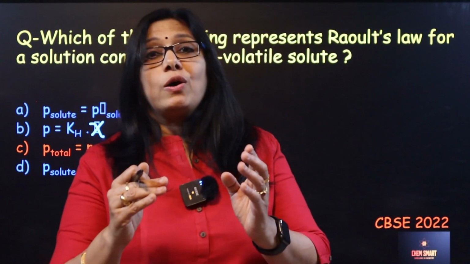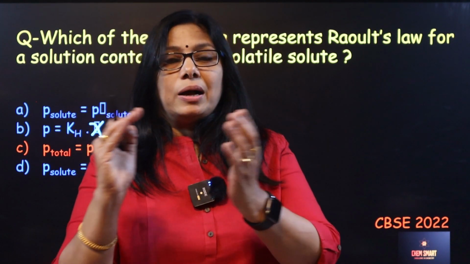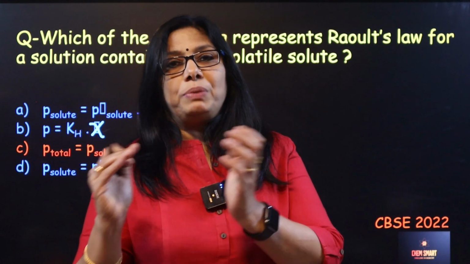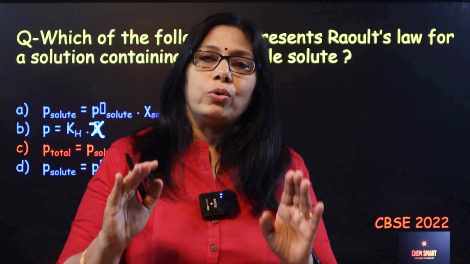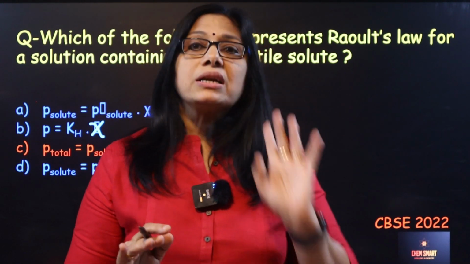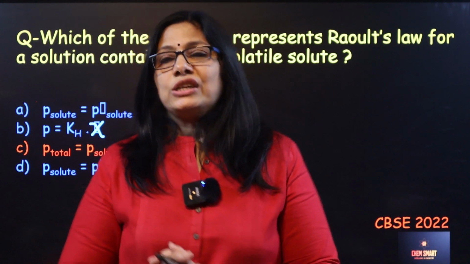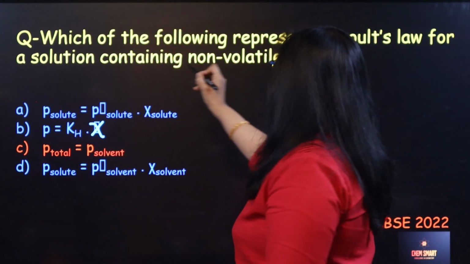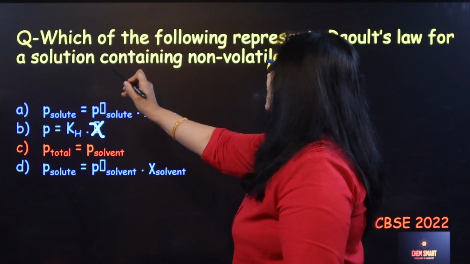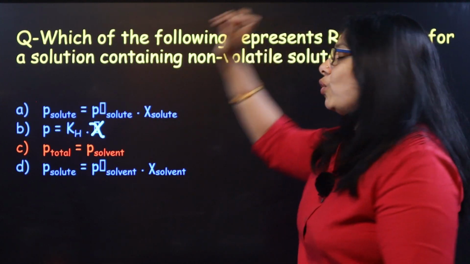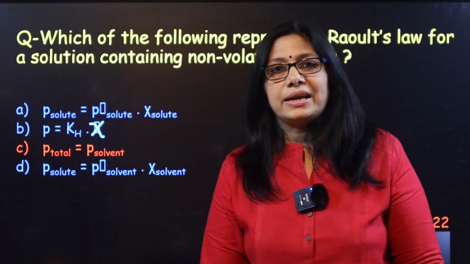So Raoult's law, that is P1, P01, P2, P02 and so on, are applicable only to volatile components, right? So here it is clearly given the solute is non-volatile, right?